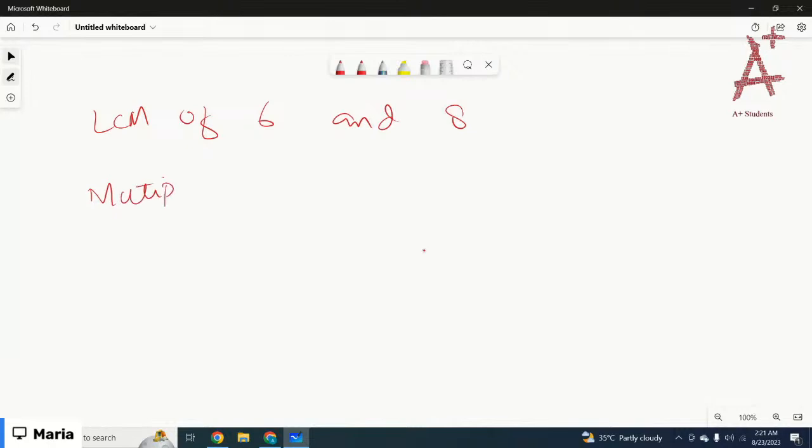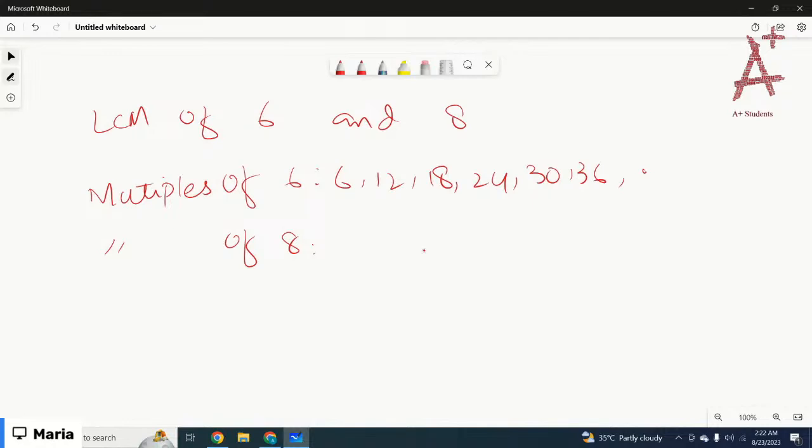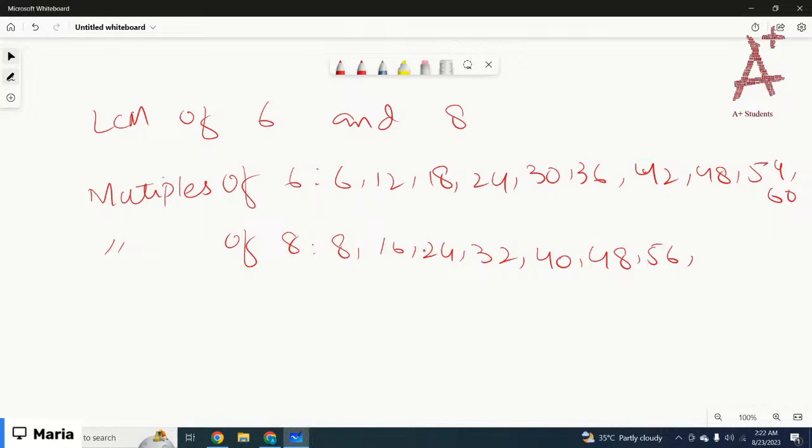So let's just make a list of the multiples of 6 and 8, right? 6, 12, 18, 24, 30, 36, 42, 48, 54 and 60. 8 times: 8, 16, 24, 32, 40, 48, 56, 64, 72 and 80, right?